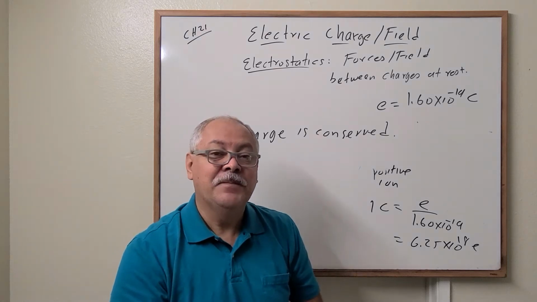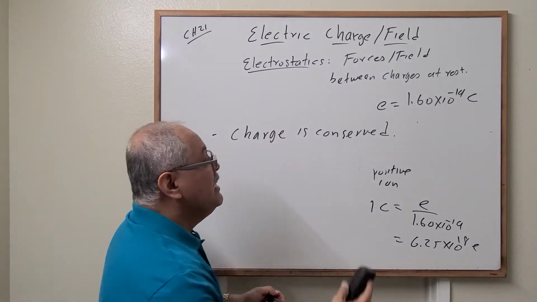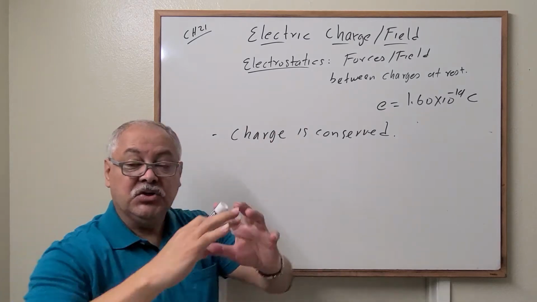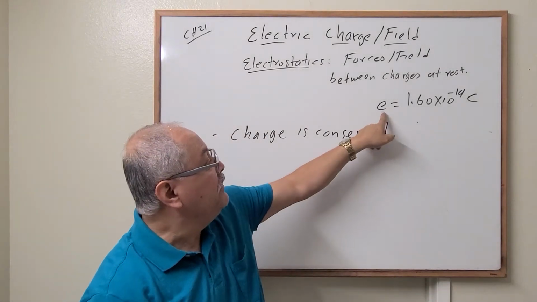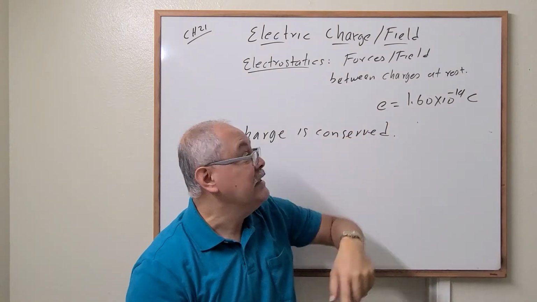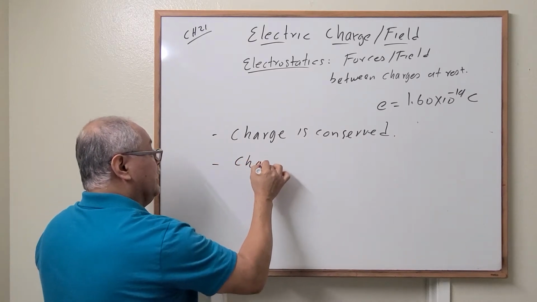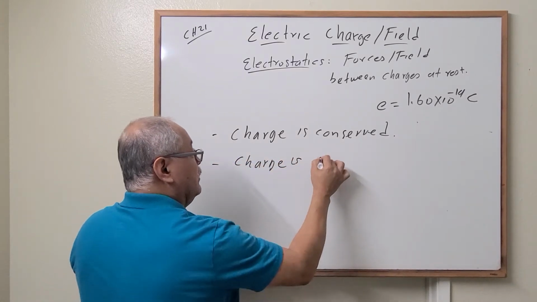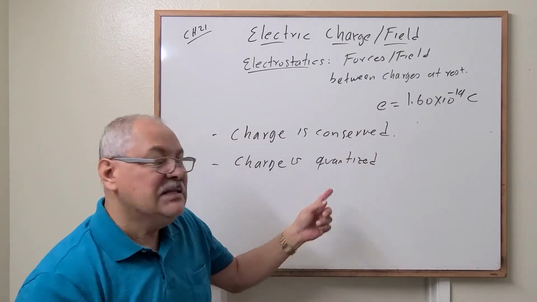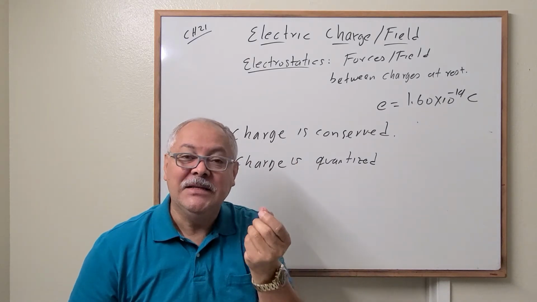It's conserved. Also, charge is quantized. That means that the total charge is a multiple of the unit charge, in this case 1.6 times 10 to the negative 19 coulombs. Quantized comes from the word quantum, and quantum means quantity.